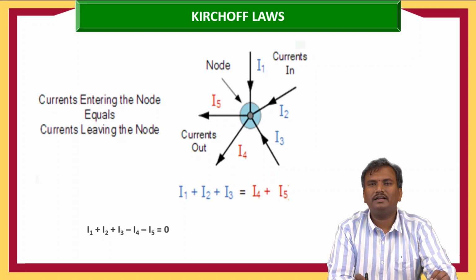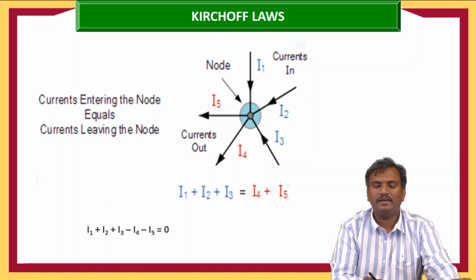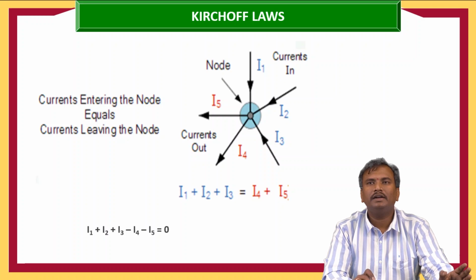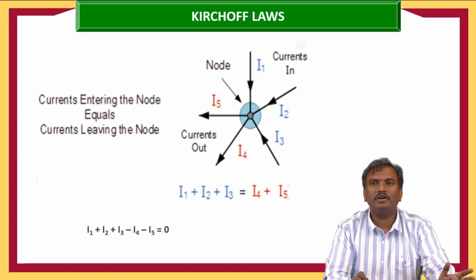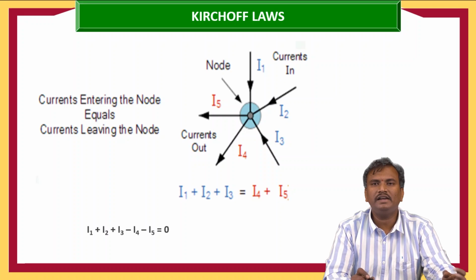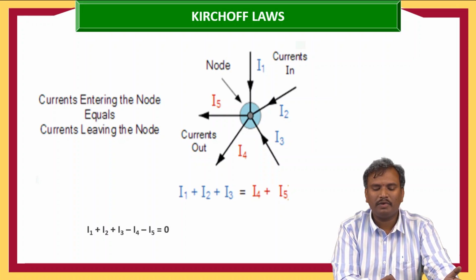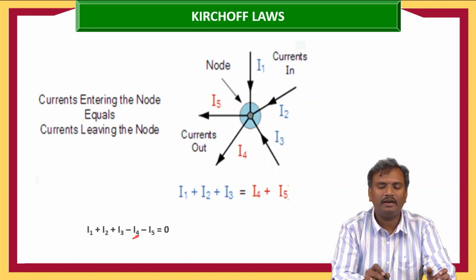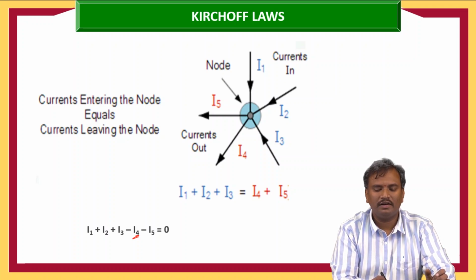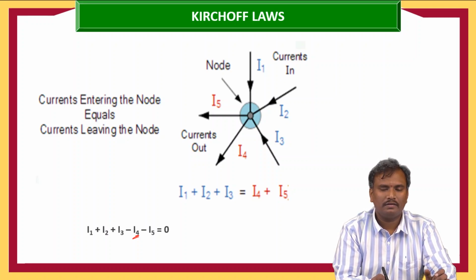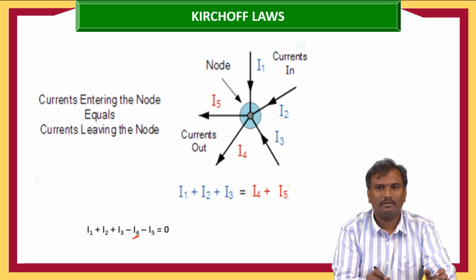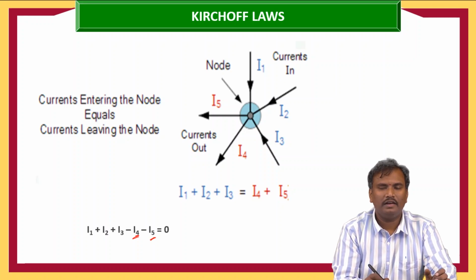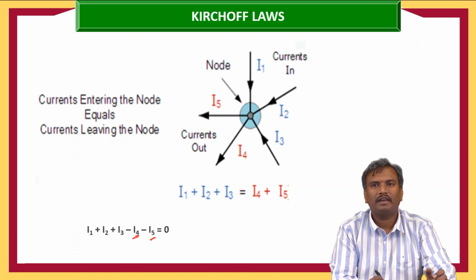If we consider the algebraic sum as the equation, we have to consider entering currents as positive and leaving currents as negative. That is I1 plus I2 plus I3, minus the leaving currents, which are I4 and I5.